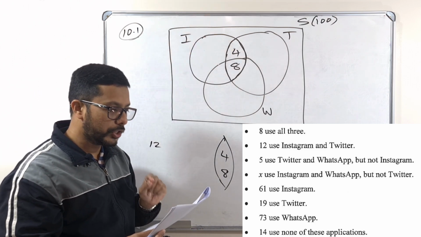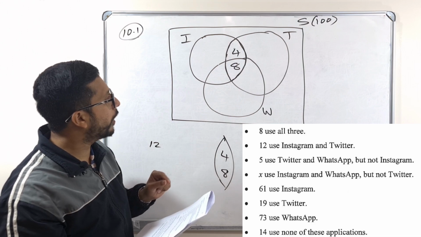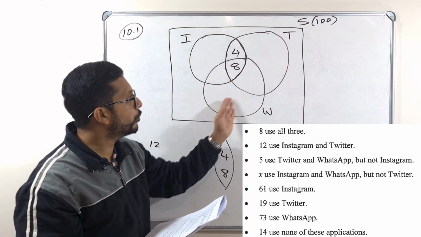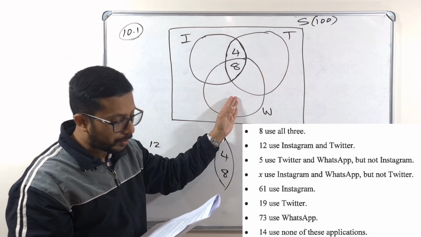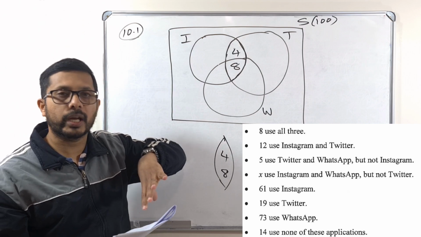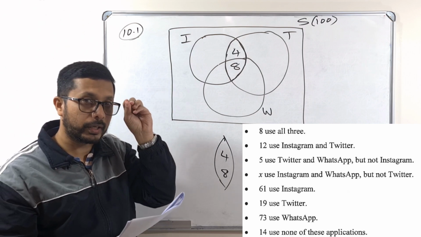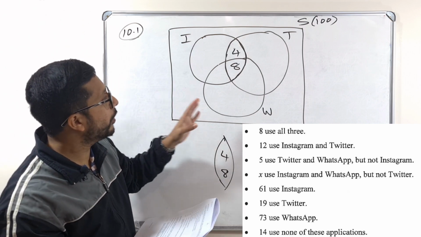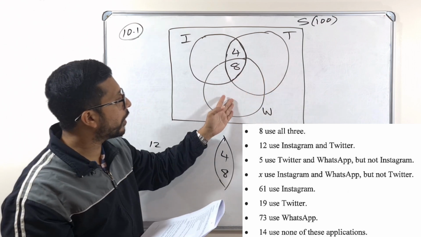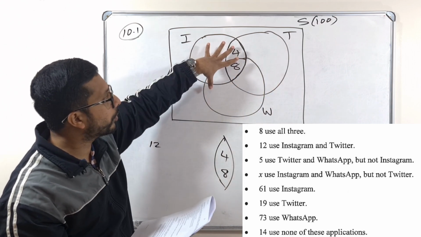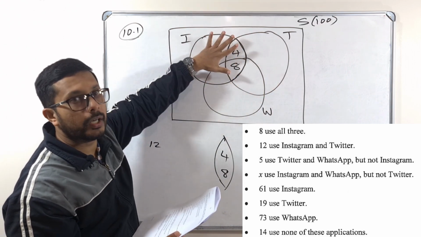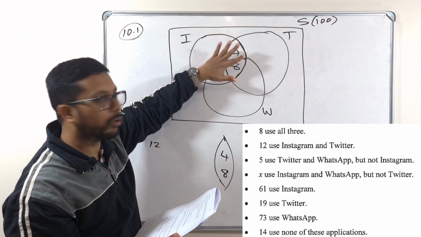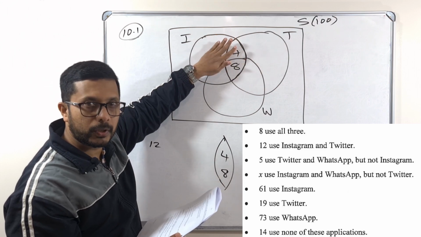5 use Twitter and WhatsApp. 5 people are using Twitter and WhatsApp but not Instagram. So very carefully read that sentence. That means those 5 people are not using Instagram.